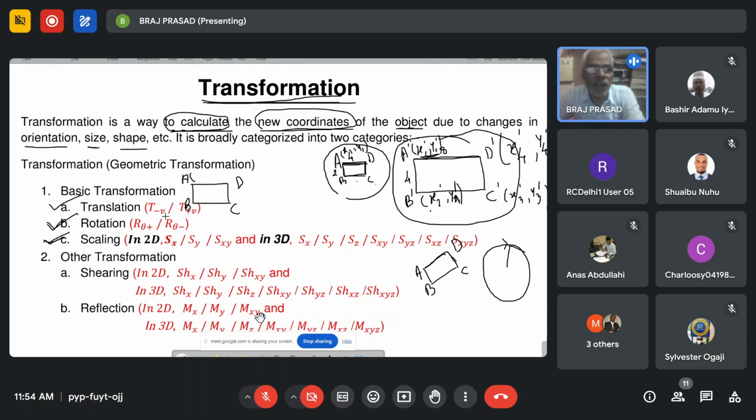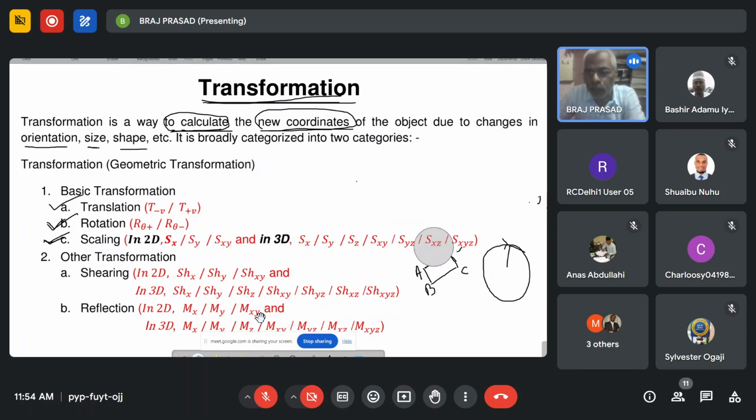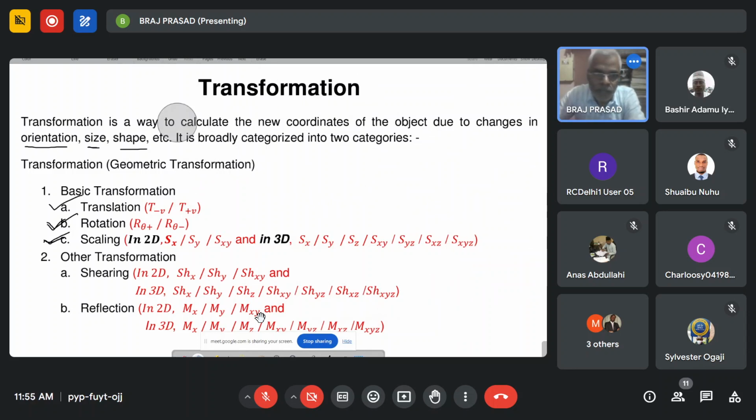So there are three different ways to find the coordinates of the object, and they are translation, rotation, and scaling. This type of transformation is known as basic transformation.